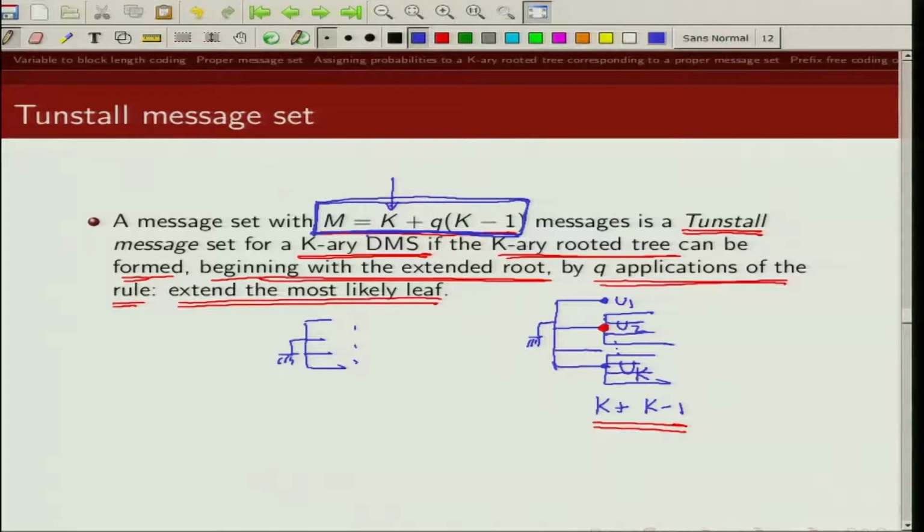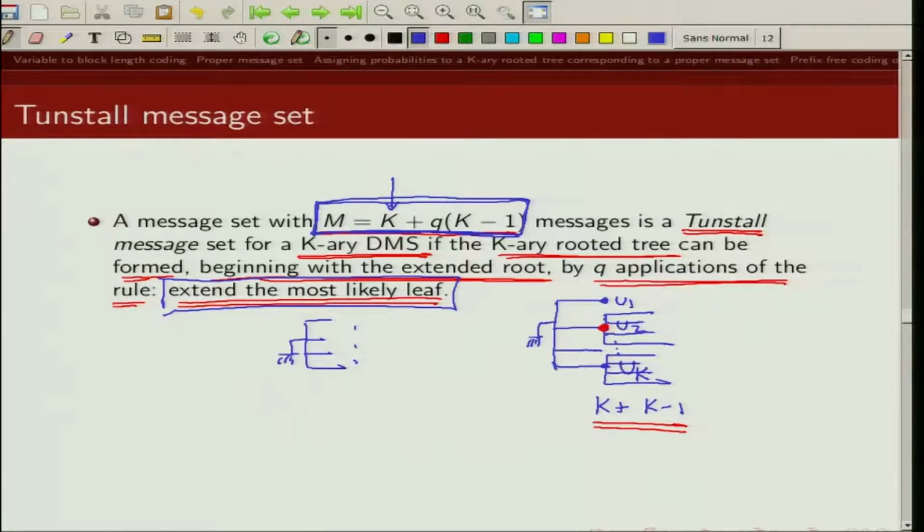Now what I am saying is this proper message set is going to be a Tunstall message set only if you follow this rule: each time you extend a leaf, you extend the most likely leaf. If you do that, then that's a proper message set.